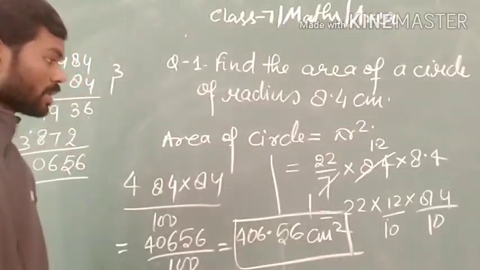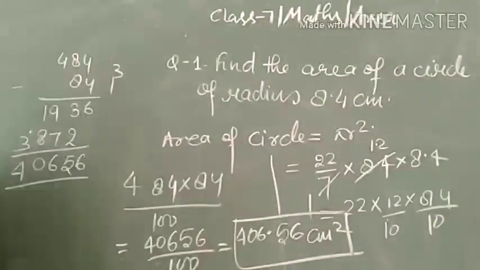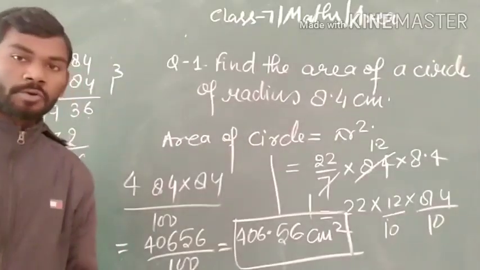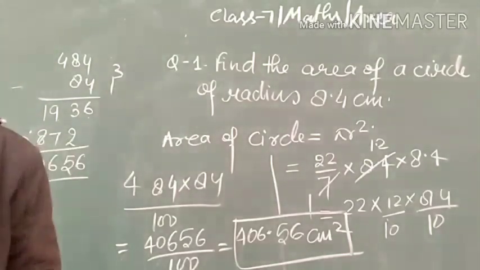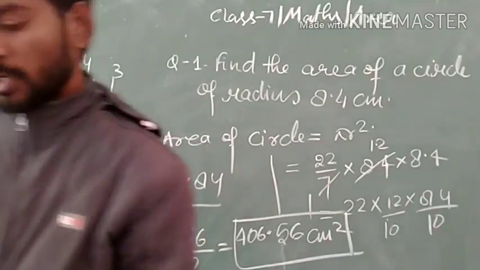Okay, students. So, in this way, we shall find the area of a circle using the formula pi r square. Okay, so this was a very simple question that we solved and I hope you get it clear. Now let us see some more questions which are also based on the same formula.